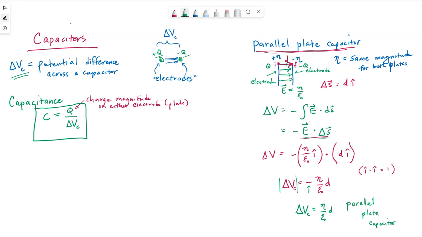But it is a tricky equation in that Q and delta V do not determine C, the capacitance. That means if I change Q on a capacitor, that does not change C. If I change Q, it changes delta V.